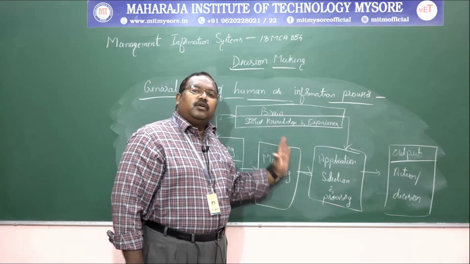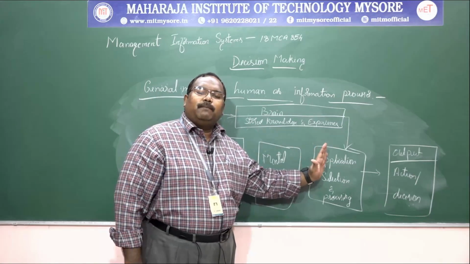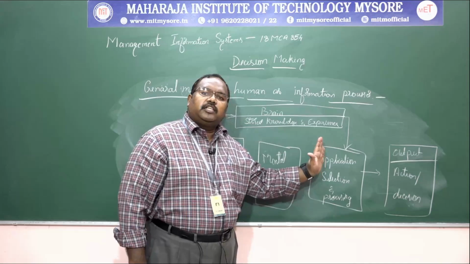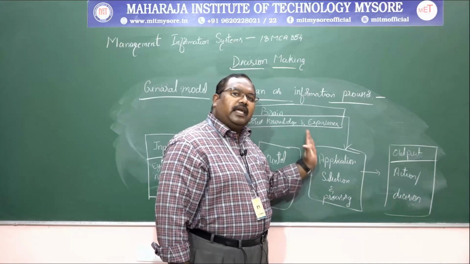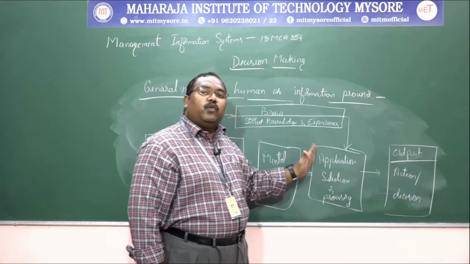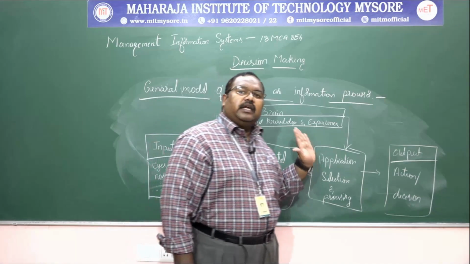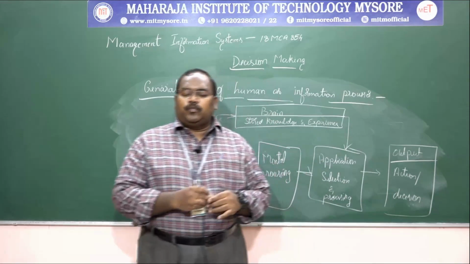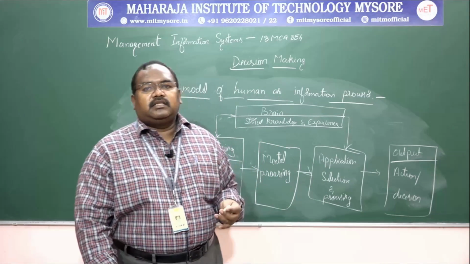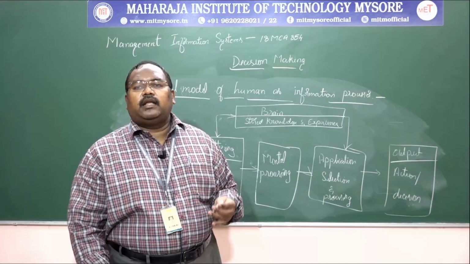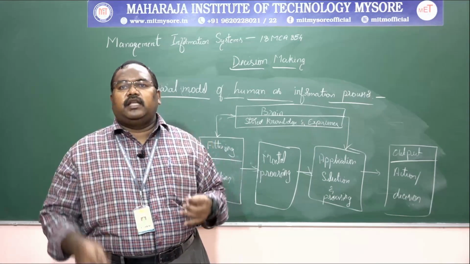After mental processing, the information is put for the application for execution, that is processing. During the processing, again the brain provides the information where to put and what to do and how to do the processing. Finally the output is obtained. With this output, you would be able to make decisions, or you are able to take actions against it.